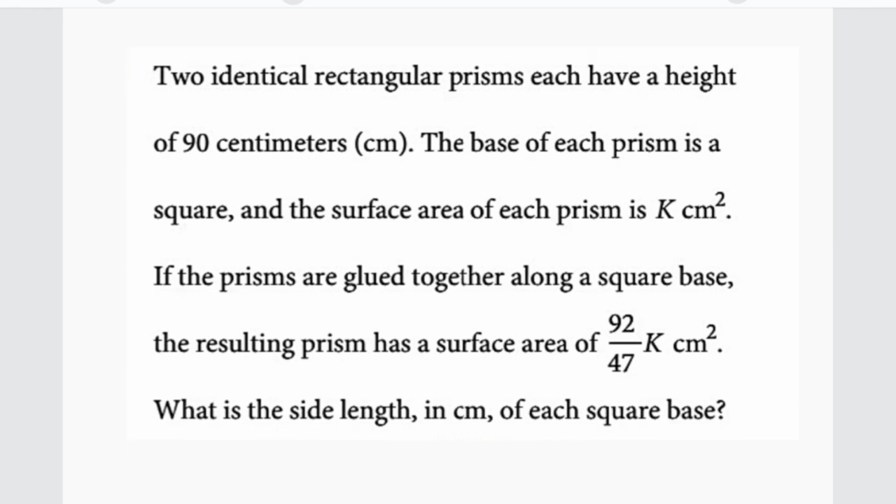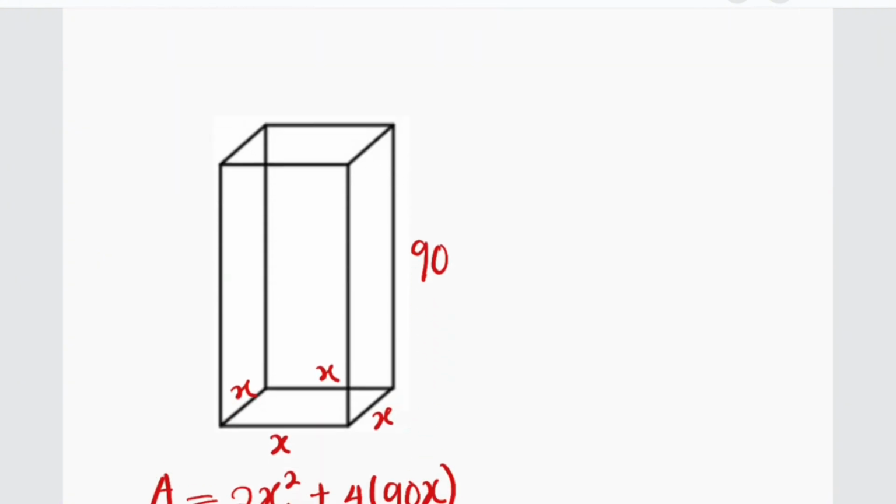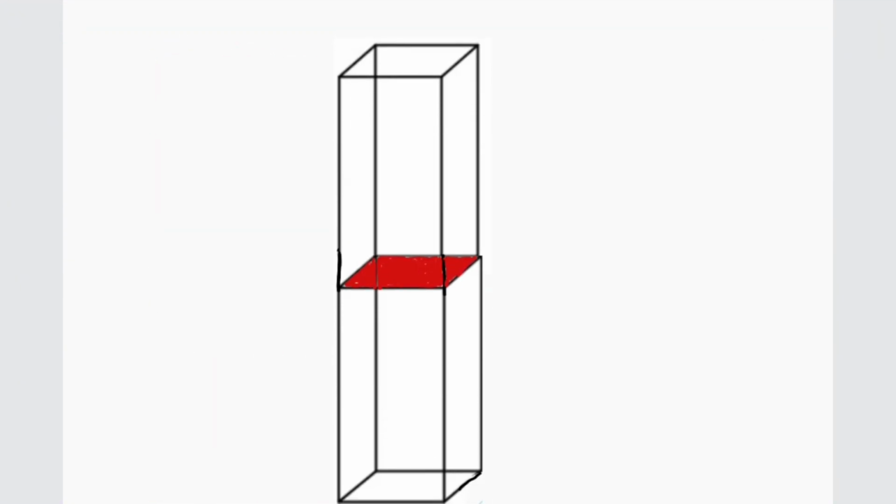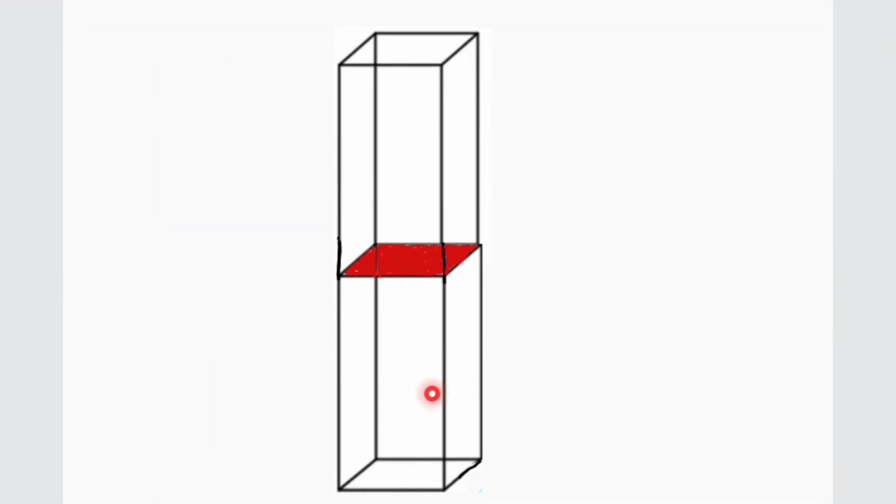It further stated that the two identical prisms are glued together along the square base. So let me glue them together. I have done that already. You can see I have one here, I have the other one here. This is the part where they are glued together, and I have shaded it red. So how can we find the total area here?